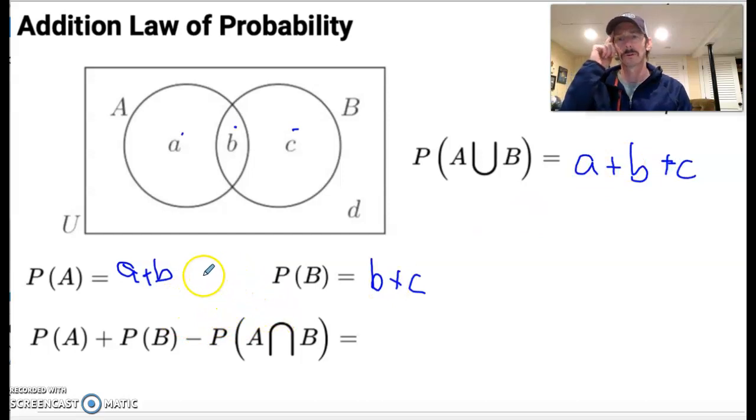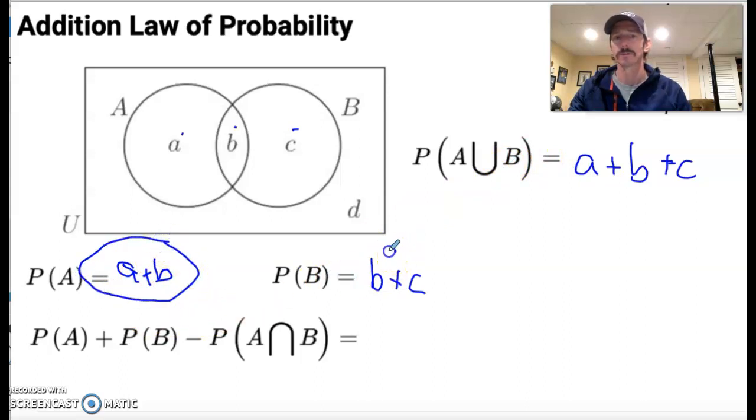And so notice that if I were to add A plus B to B plus C, the problem is this B would get counted twice. And that happens to be the intersection here.